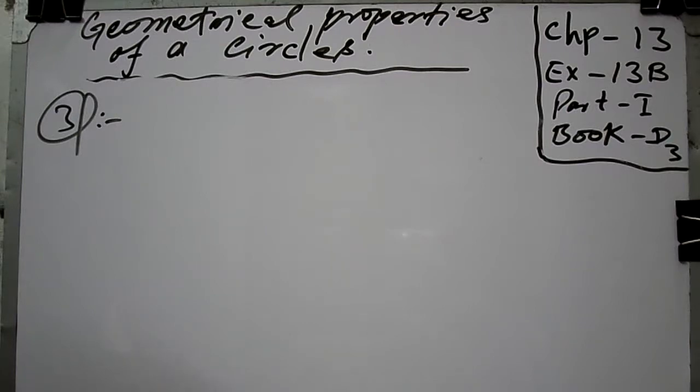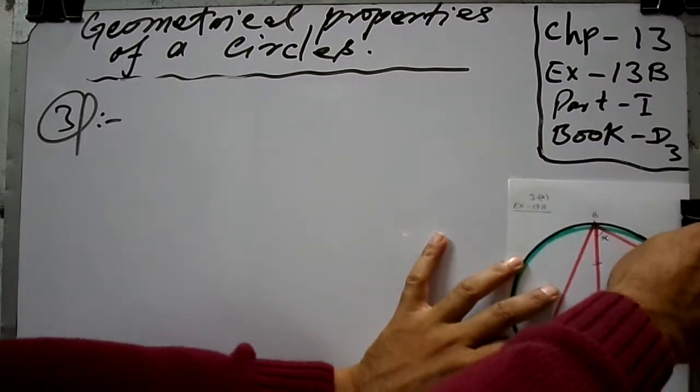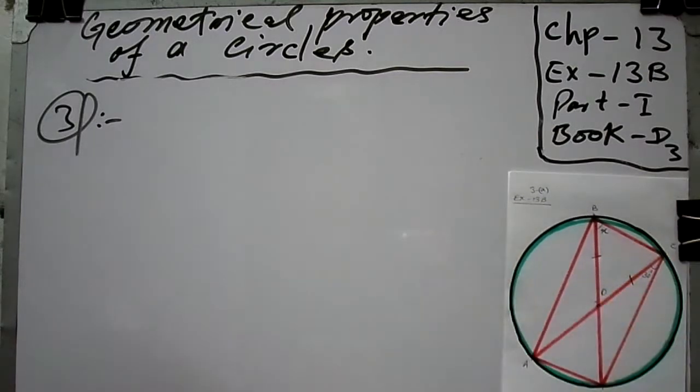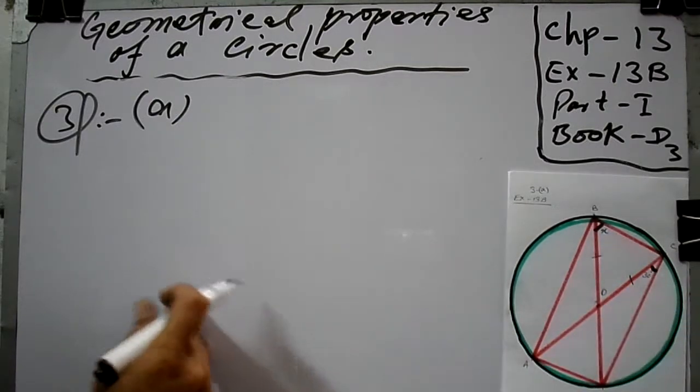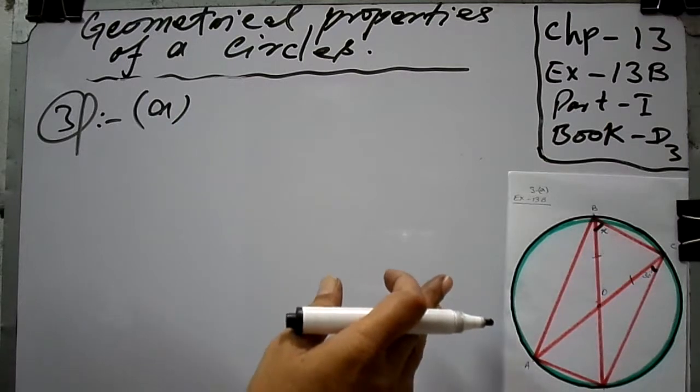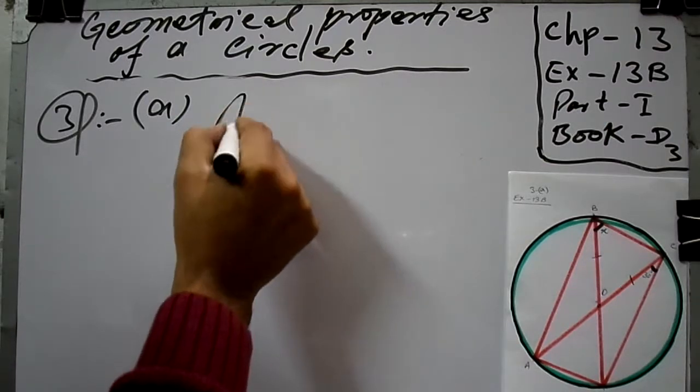First of all you have to see the diagram. In question number 3, part a, we have to find this value, that is x unknown. Here the value is 30 degree. So this side is given to us.